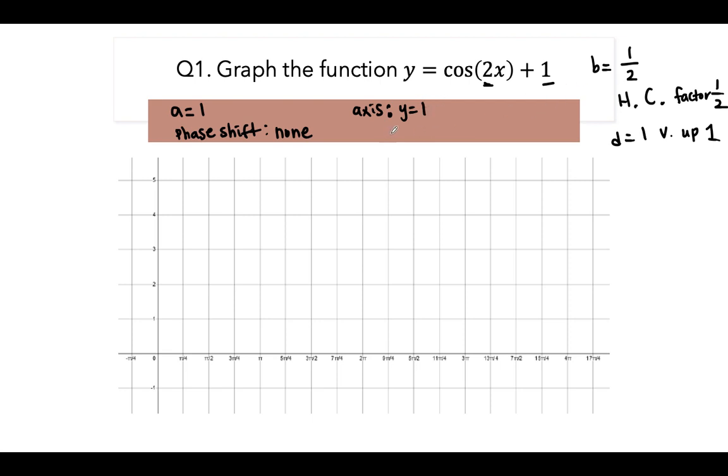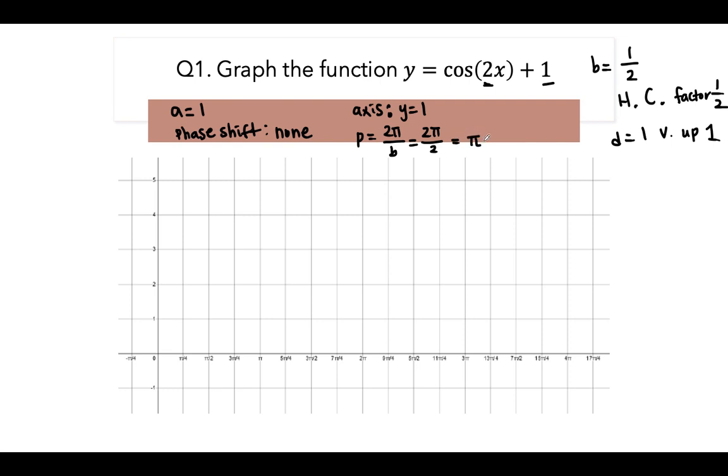And now it's time to find the period. To find the period, we know the formula: P is equal to 2 pi over B, or k, depending on the letter that I'm using in class. In this case, my B, or the k value, is 2, so it's 2 pi over 2.